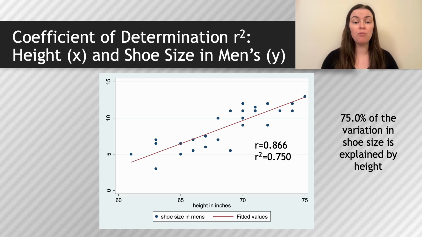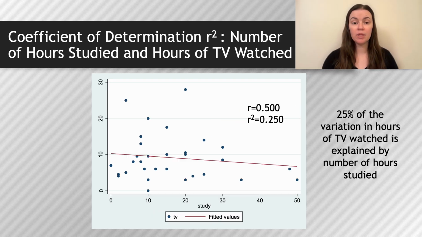We get a value of 0.75. If we convert that into a percentage, we can say that 75% of the variation in shoe size is explained by height. You'll always say the dependent variable first, followed by the independent variable.